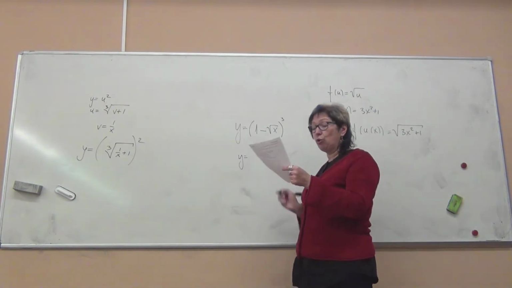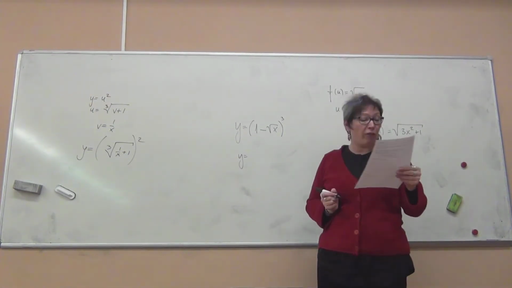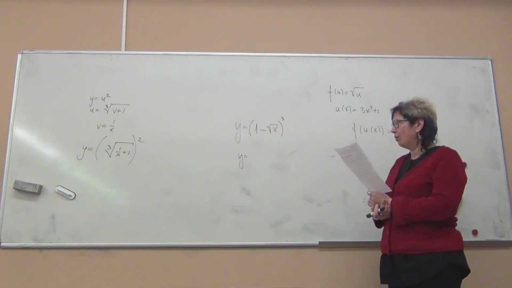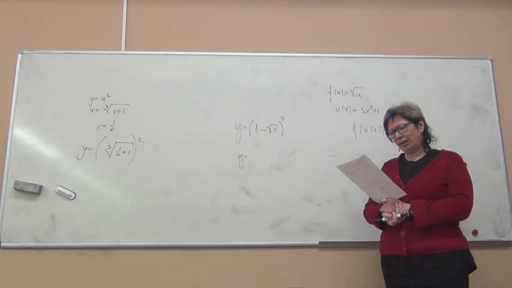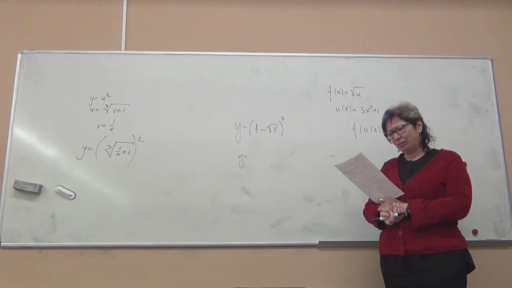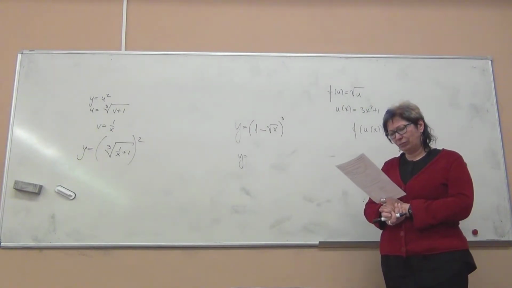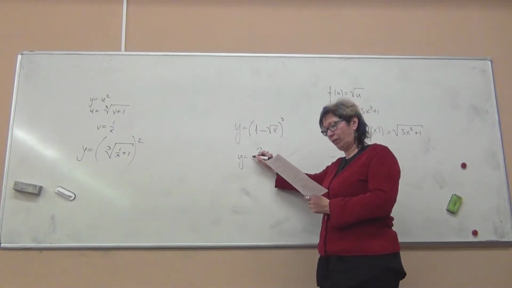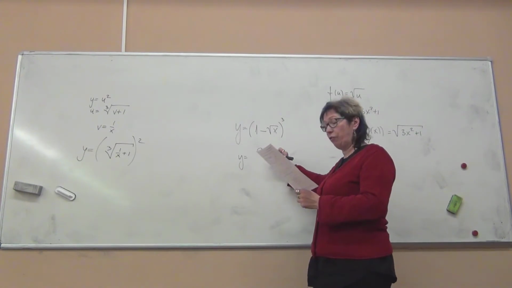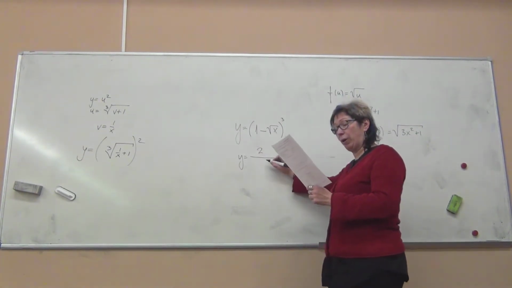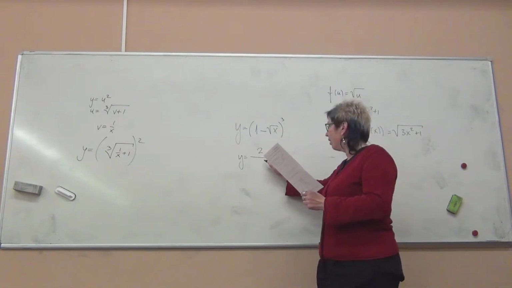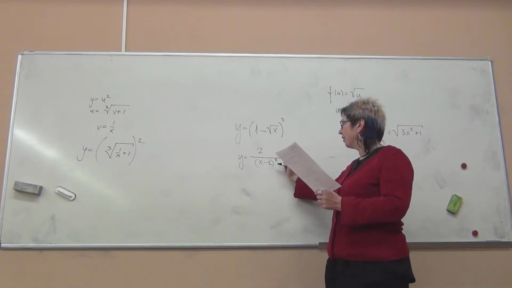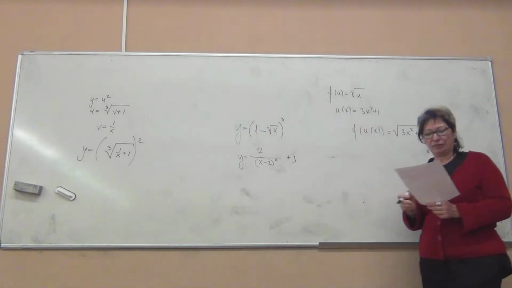Y equals 2u plus 3, u equals 1 over v, v equals x minus 2 squared. Now what will this be like? 2 times 1 over v, so this is divided by v, x minus 2 squared, and plus 3, like this, yes, just like this.